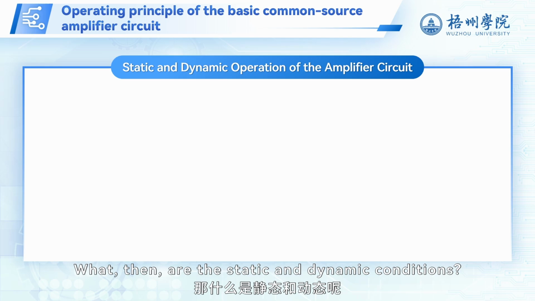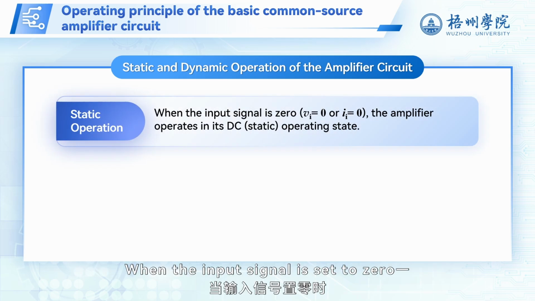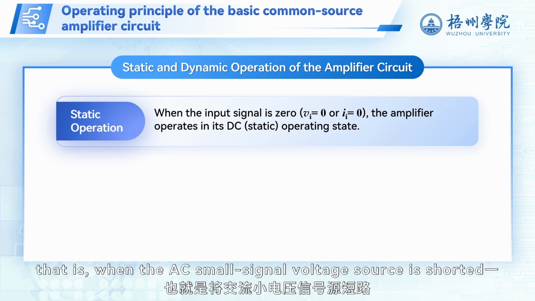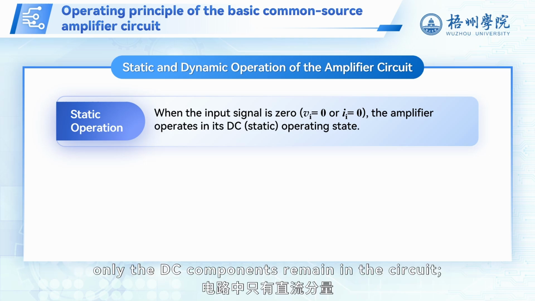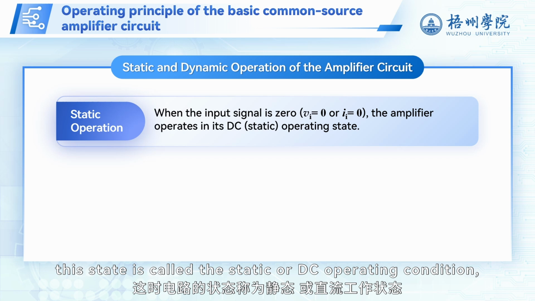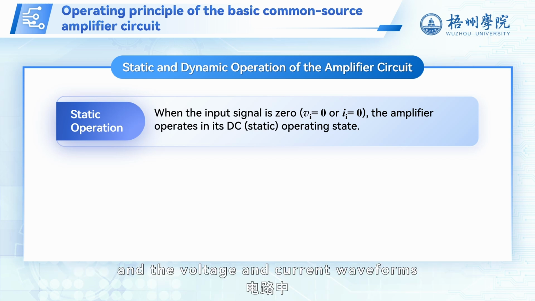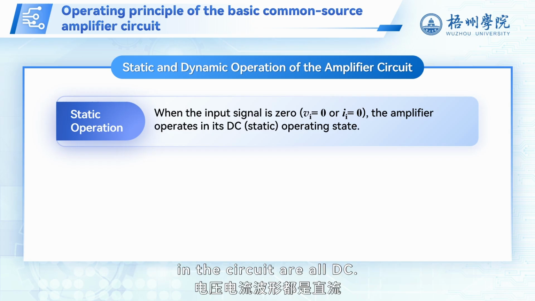What, then, are the static and dynamic conditions? When the input signal is set to 0, that is, when the AC small signal voltage source is shorted, only the DC components remain in the circuit. This state is called the static or DC operating condition, and the voltage and current waveforms in the circuit are all DC.